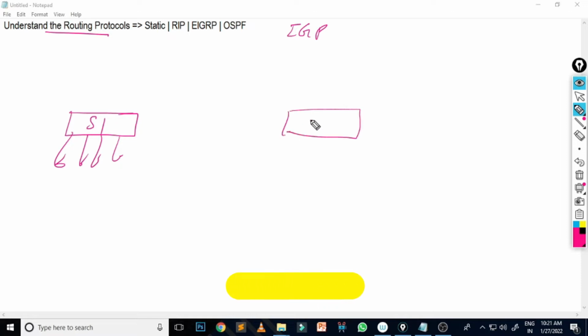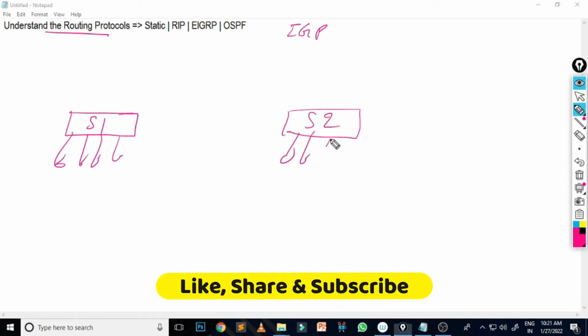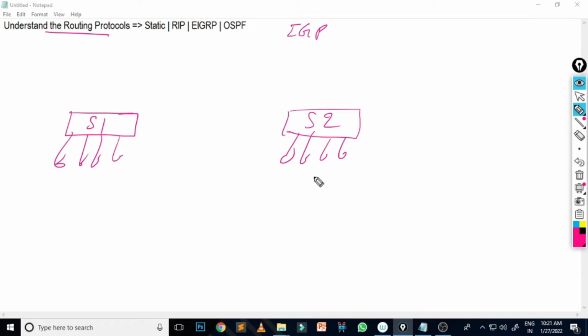We have another switch, switch number 2, with some computers connected to it. In switch number 1, all the computers are configured with IP addresses of the class C 192.168.10.0/24 series, and on switch number 2, IP addresses of class B, 172.16.0.0/16. So these classful IP addresses are configured on both the networks.